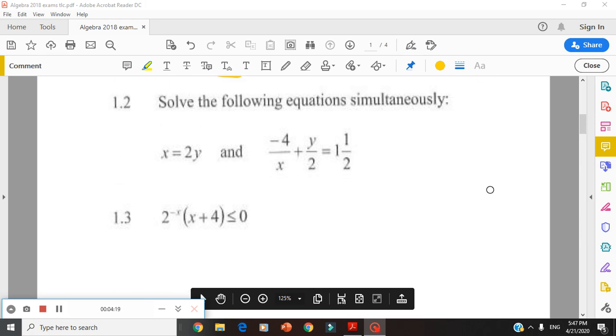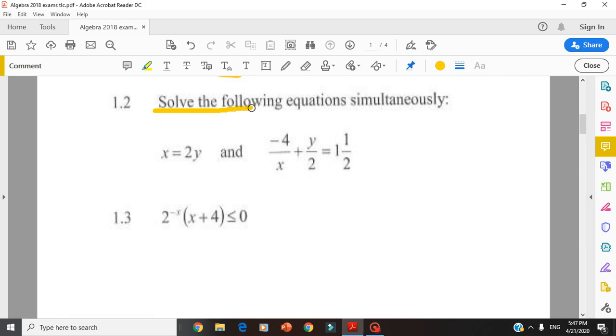Okay, moving on. We're going on to the next section, and that involves simultaneous equations. The first thing you're going to do is label one equation 1, label the other equation 2, and make a third equation in terms of the subject either being x or y. In this case, you do not have to make a third equation because there's already one equation with x equal to something in terms of just y.